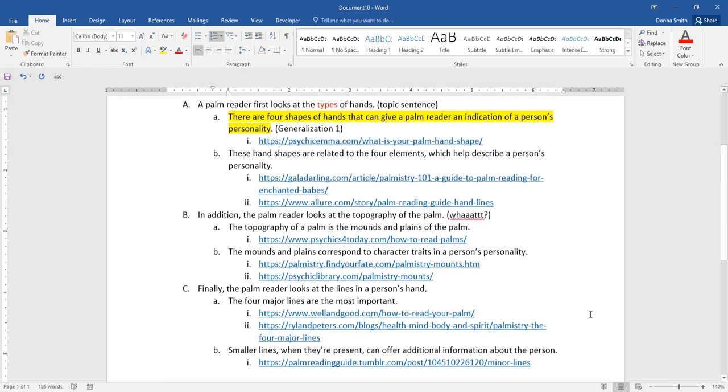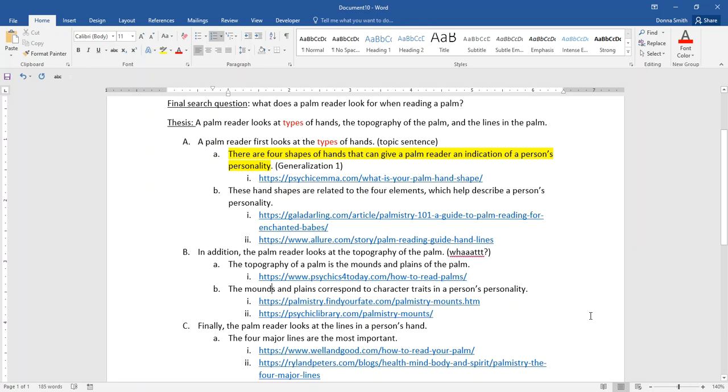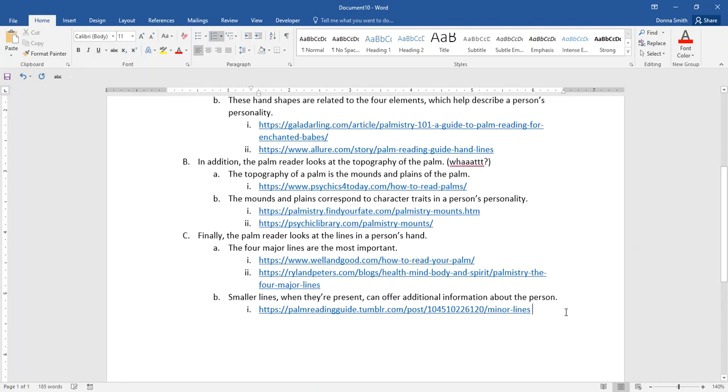So, in a lot of ways, this is a pretty easy descriptive outline. And so, to summarize, you need your final search question. You need a thesis sentence. You need topic sentences.